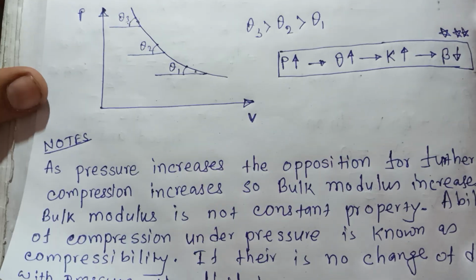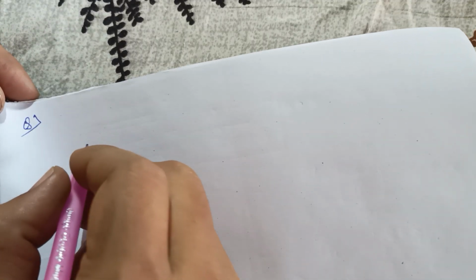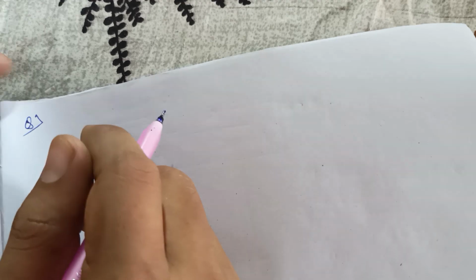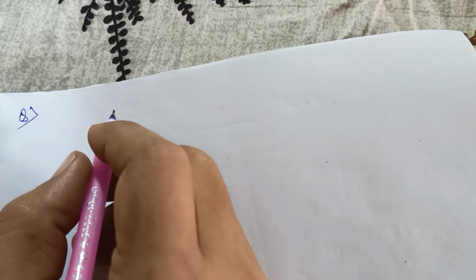Now there is one problem. The question will be like this: the equation of state for a liquid is P equal to 3500 rho to the power 1 by 2 plus 2500 Newton per meter square. Find the bulk modulus of the liquid at a pressure of 100 kilopascal. So what is given in this question?